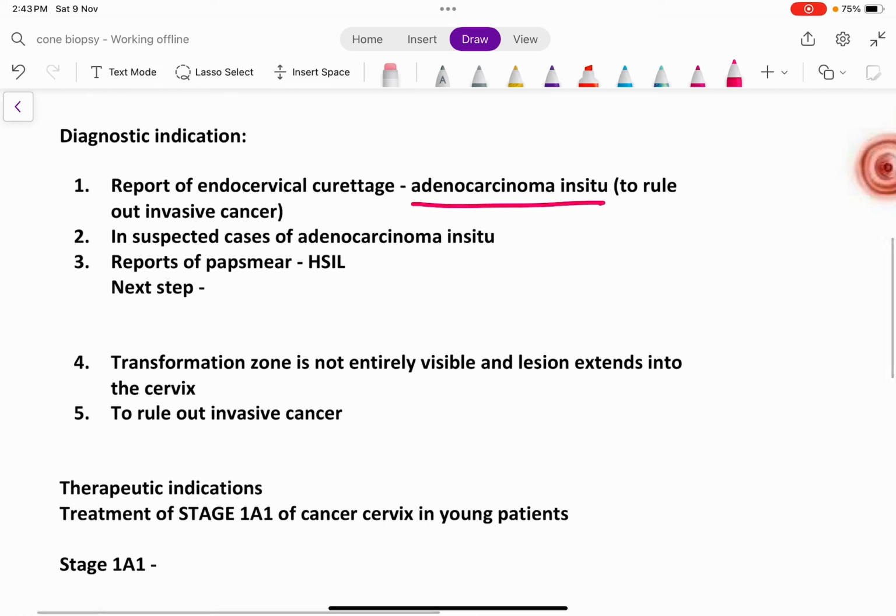Is that clear? So as an algorithm, once the report comes as adenocarcinoma in situ, you have to follow up with the cone biopsy to rule out any invasive cancer being present.